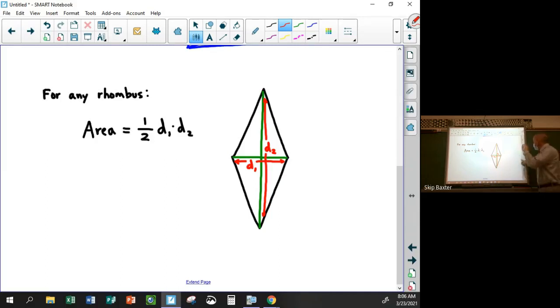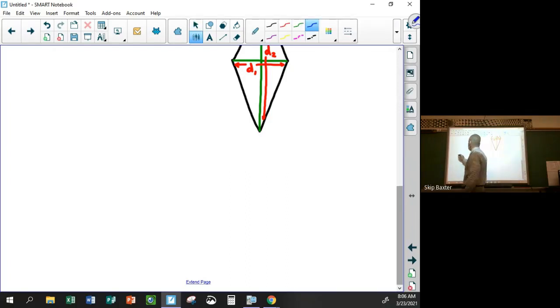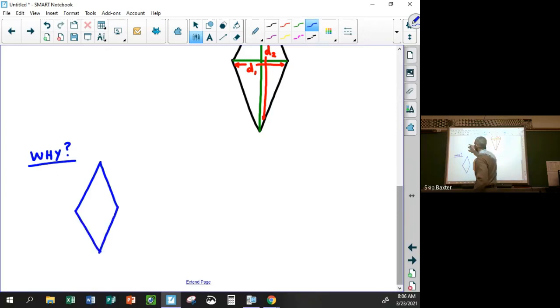So let's think about why this is true. Again, it's fairly obvious if you think about it the right way. So why is this true? If I have a rhombus like this, and I draw in the diagonals, I want to make sure that it's very rhombusific.